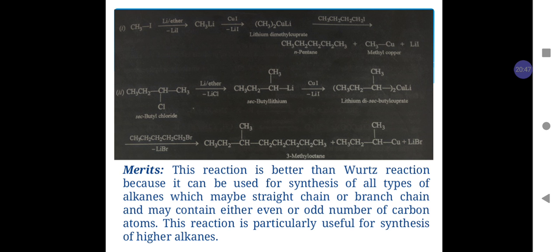From the structure of dialkyl lithium cuprate and 3-methyl octane, we see that the alkyl group which is added to lithium disecondary butyl cuprate from the alkyl halide will contain 5 carbon atoms in a straight chain.